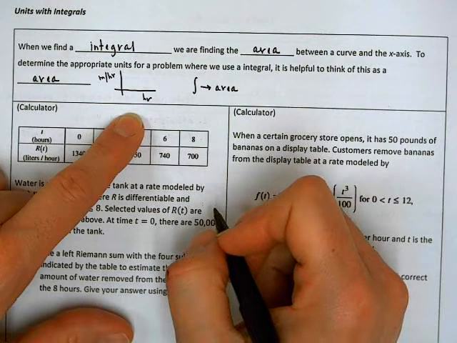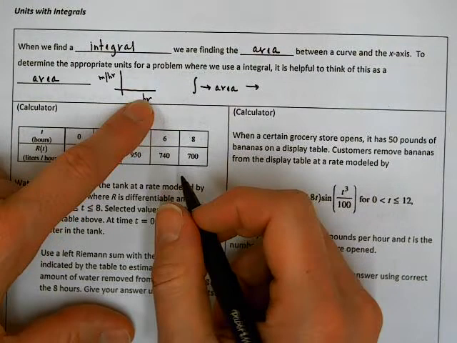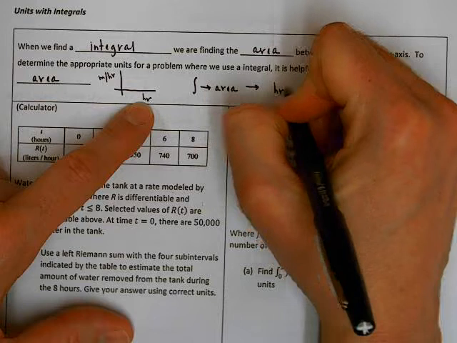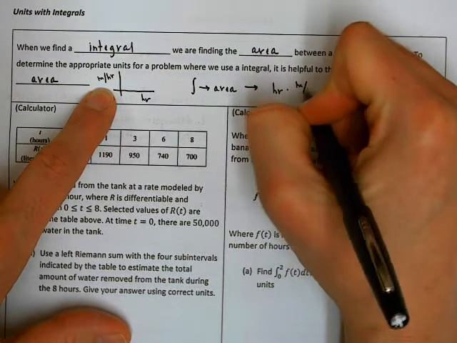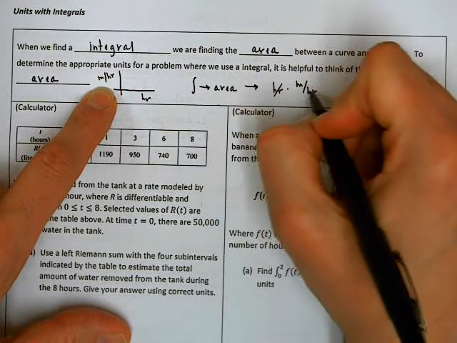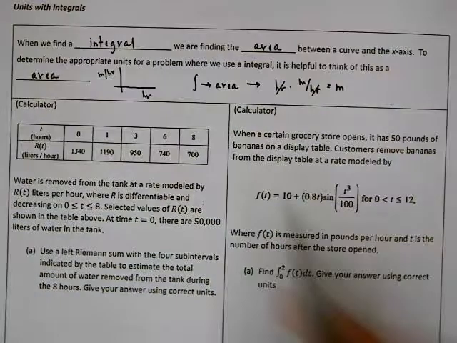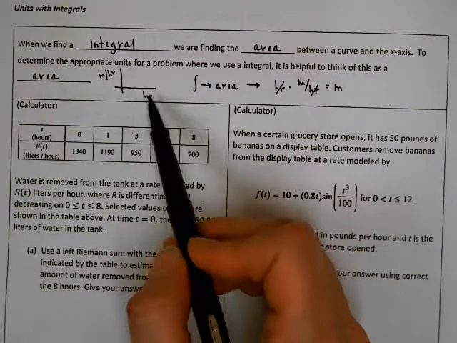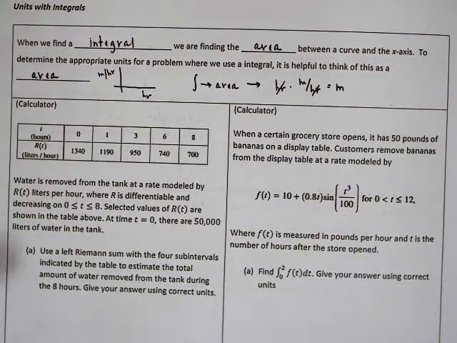And what we're doing is we're multiplying the base, measured in hours, times the height, which is measured in meters per hour. And so when we do that analysis, our hours are going to cancel and we're just going to be getting meters. So that's what we mean when we think of this as an area, that you're multiplying those units together.